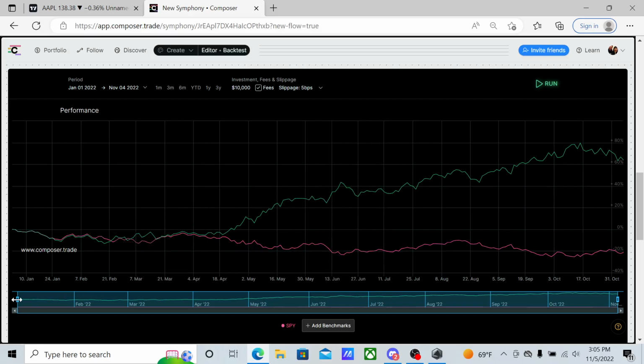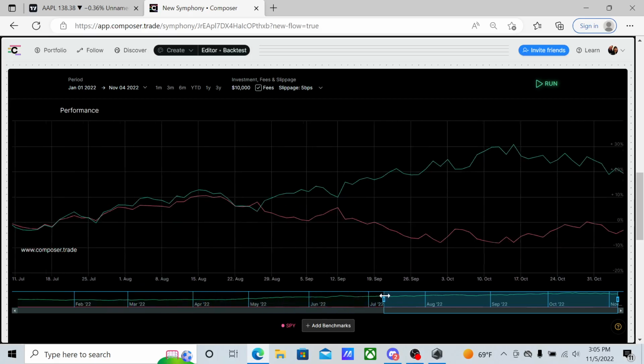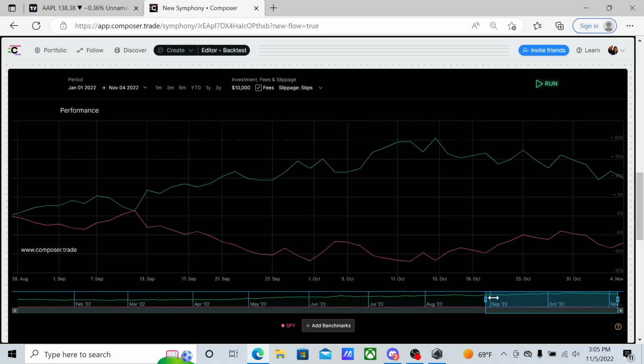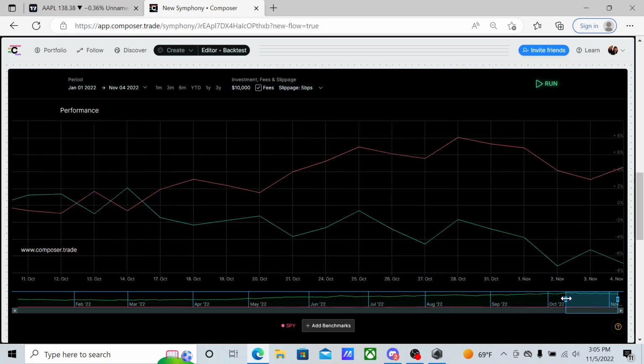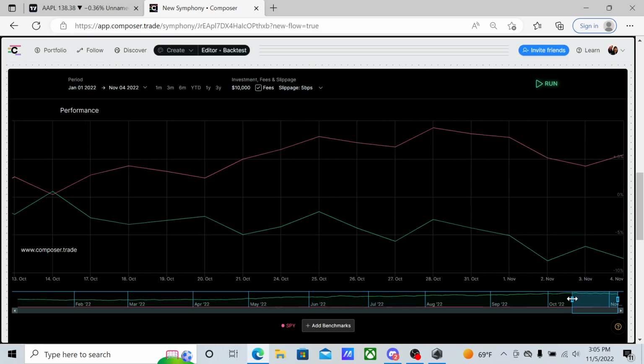Let me pull this in and get rid of all of the euphoria. So take this for example. This strategy is pretty much doing the opposite of what the S&P is doing.